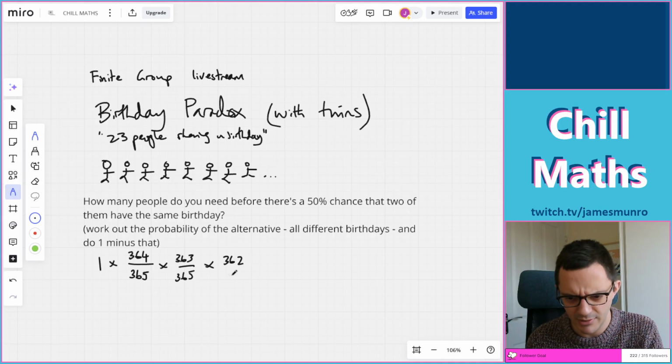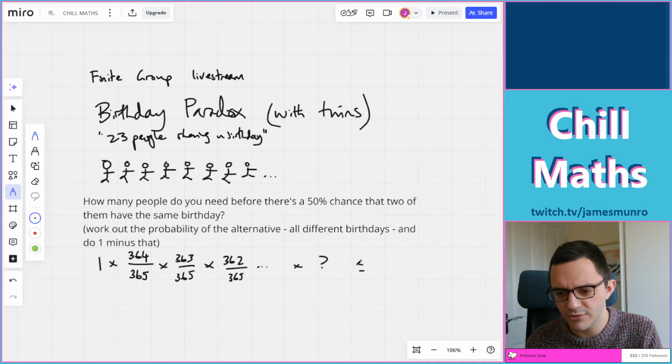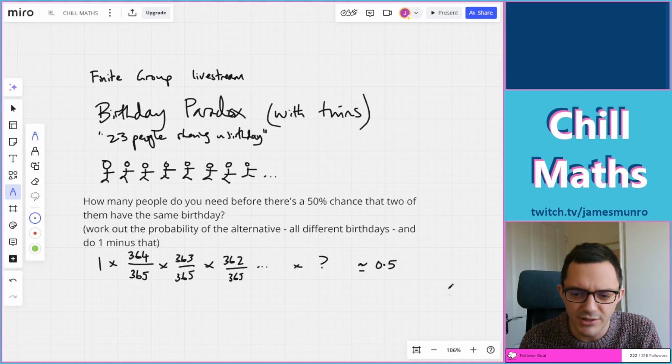And then you can sort of keep going. And the question is, times what is about 0.5? And the answer is that you only need 23 terms like this before the probability gets down to 0.5, which is a bit surprising because 23 is not very much.